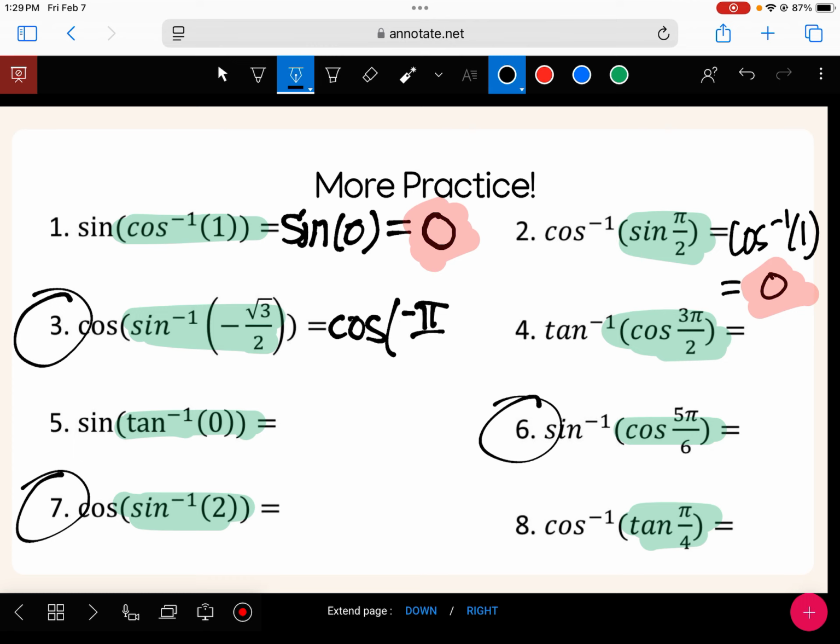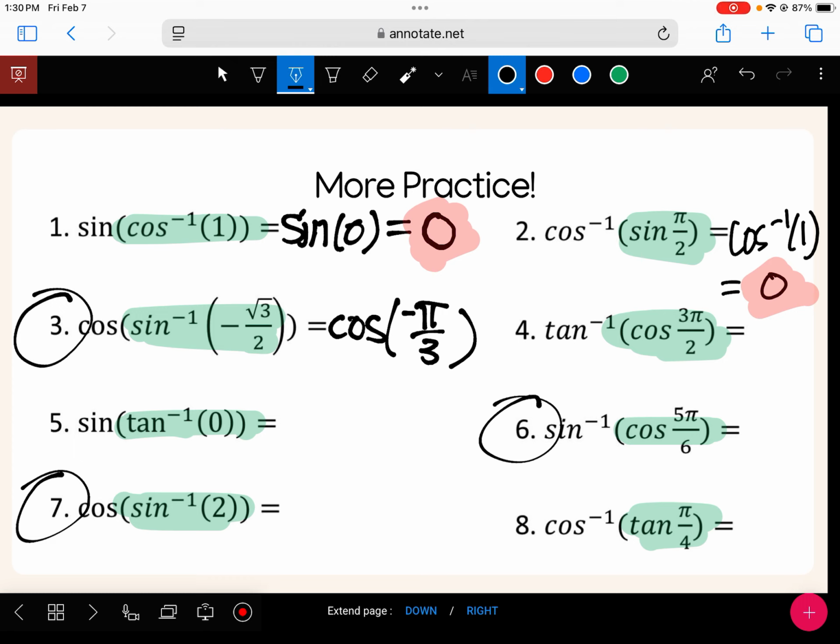You ignore everything that's not in the middle, so you focus on one thing at a time. I thought negative root 3 over 2 for sine is quadrant 3. It is quadrant 3, but it's also quadrant 4, and quadrant 4 is within the range. Quadrant 3 has nothing to do with it.